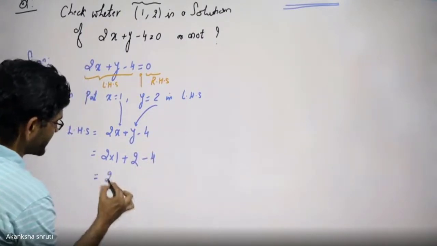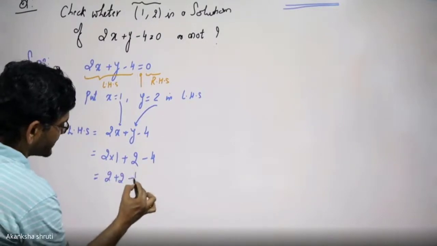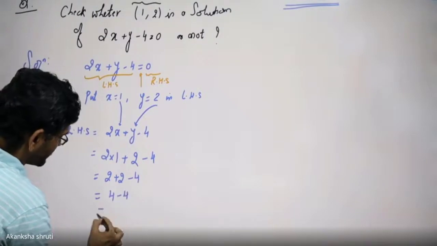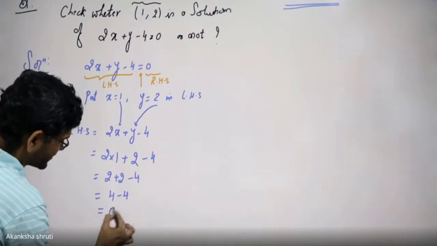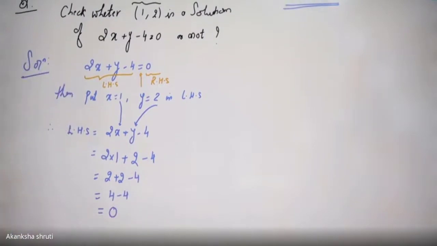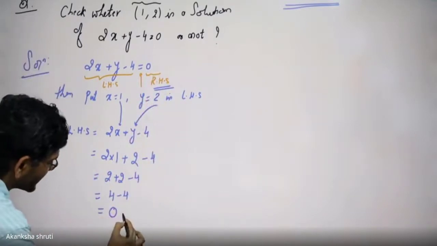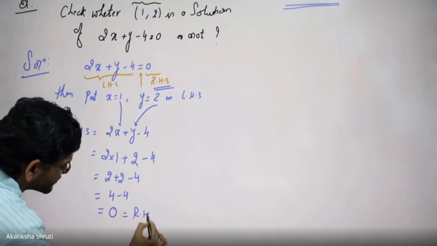What does it become? It becomes 2 plus 2 minus 4. 2 plus 2 is 4, minus 4. 4 minus 4 is 0. So what is this 0? This 0 is the same as the RHS. Therefore, we can write this is equal to RHS.